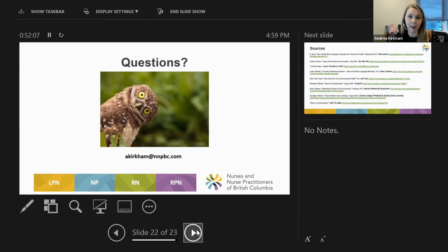And here we have our little question owl. If you have any questions at this time, you can share them by speaking up or by writing them into the little chat box where Kim will see it, or you can also email me if you want to write down my email. I can take questions at any time, and I'm happy to respond to any kind of questions. So feel free to shoot them out whenever you come up with them.